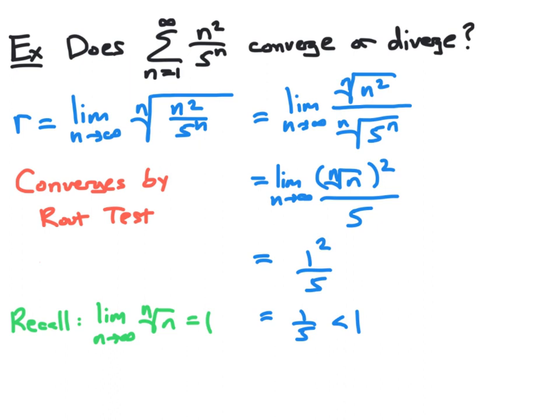And so here, now that we've done this example, both using the ratio and root test, we've seen in two different ways that this series will converge. And in both cases, we've seen that in order to do this, we simply need to compute a limit, either of the ratio of consecutive terms or of the nth root of the nth term.